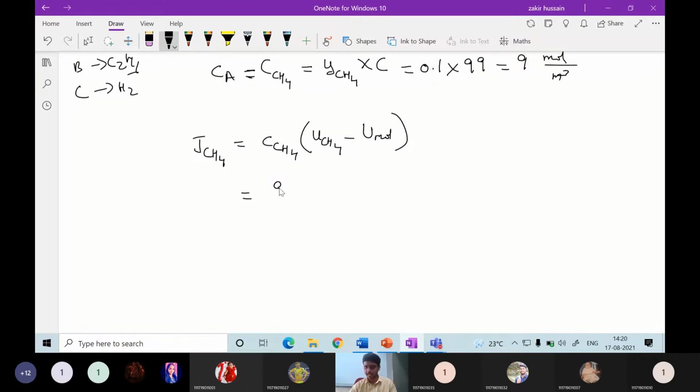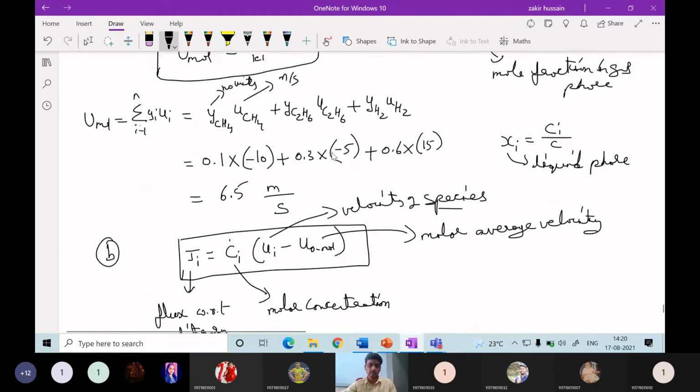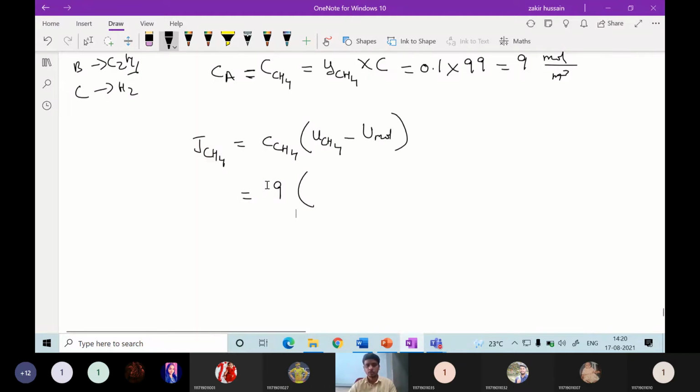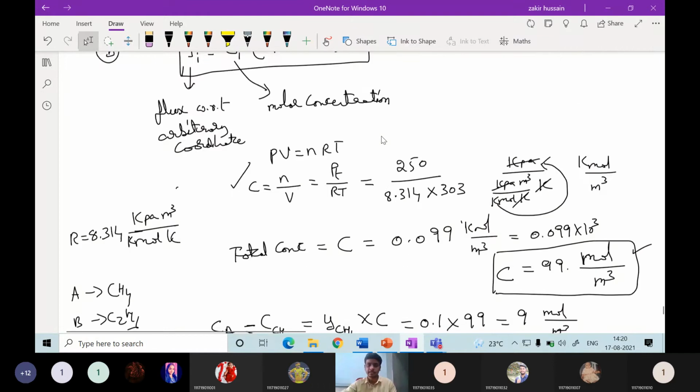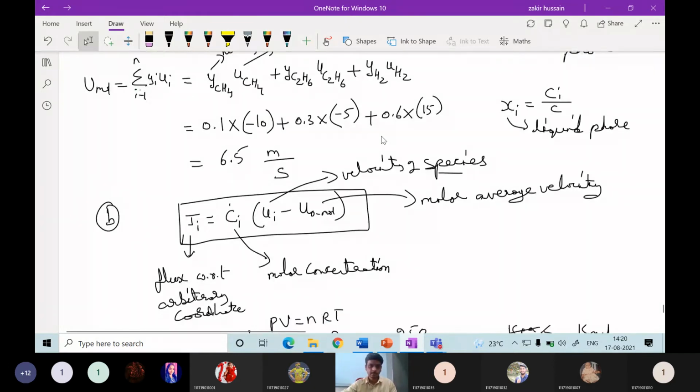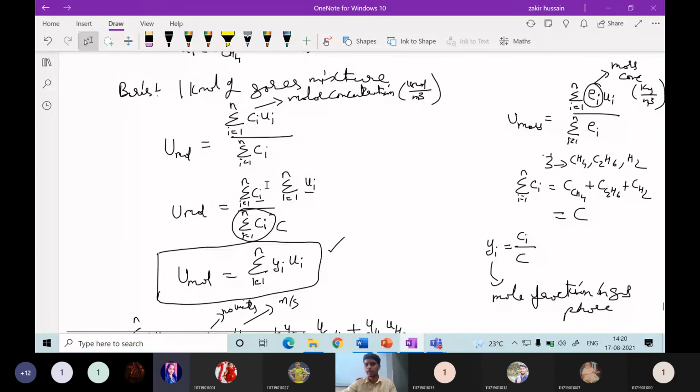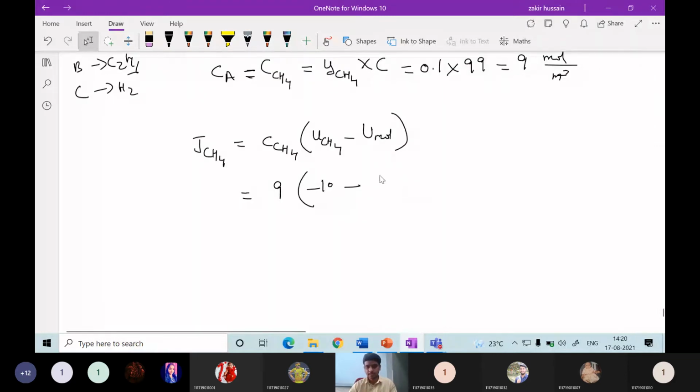CCH4 is 9 into UCH4, we already have that, minus 10, minus U mole, which we just found in part A. That is 6.5. So minus 10 minus 6.5, 16.5 into 9, nearly 162 or something.